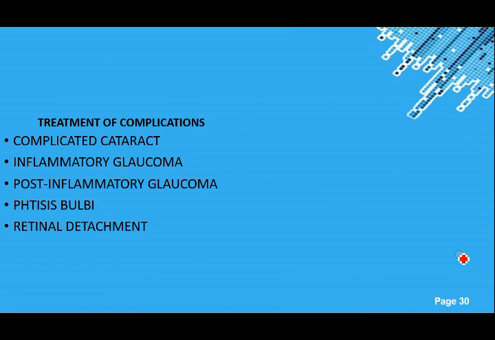And next, last one, treatment of complication. We have already discussed complicated cataract, lens extraction; inflammatory glaucoma, timolol maleate and acetazolamide. Post-inflammatory glaucoma, laser iridotomy or surgical iridectomy; phthisis bulbi, enucleation; retinal detachment, vitrectomy. Okay, thank you for watching.